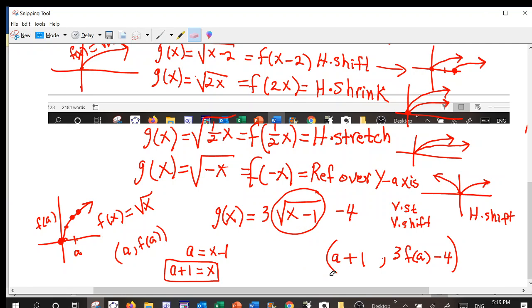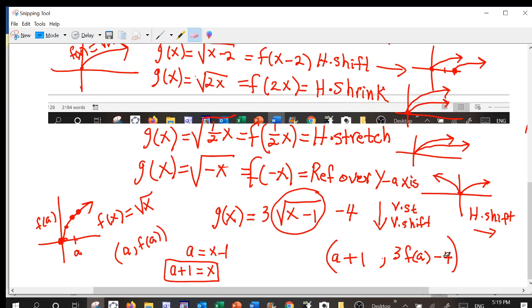But once we figure out what happens to this general point, then everything you see here is actually happening to the x and y coordinates, right? So adding 1 to the x-coordinates is a horizontal shift to the right. So we separate the vertical and horizontal shifts. And notice that there is an order to it, right?